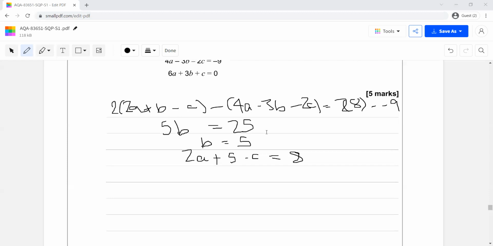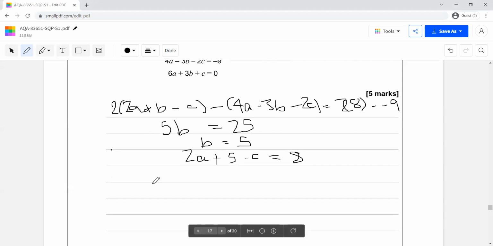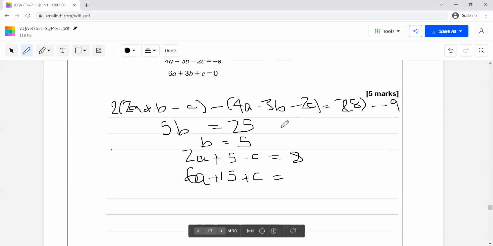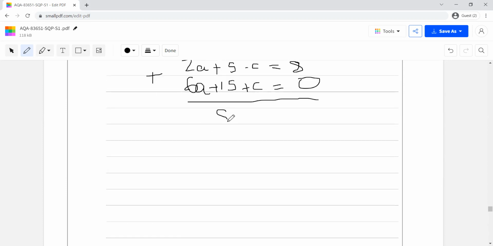So we can also say that 6a plus 15 plus c is equal to 0, which means when you add them, we get that 8a plus 20 is equal to 8.